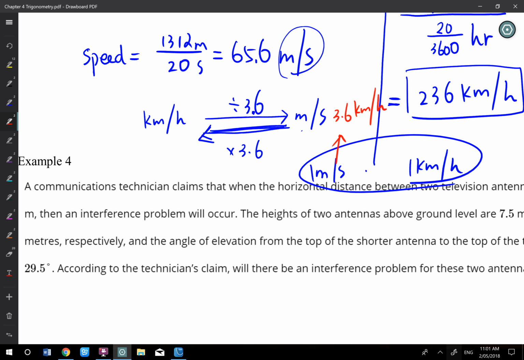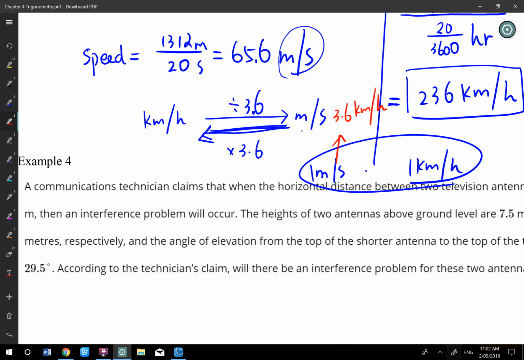If you can't remember the conversion, you can remember the reasoning part. 1 meter per second: how many seconds are there in 1 hour? That's how many meters I can run. Then I can convert it into kilometers, which is 3.6.